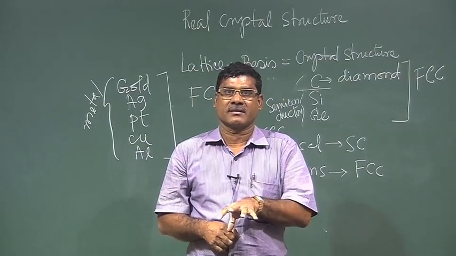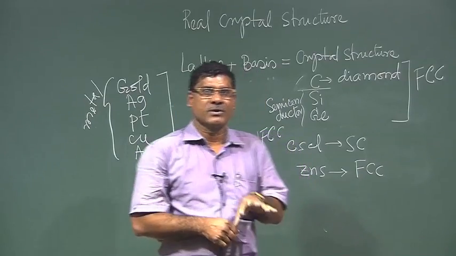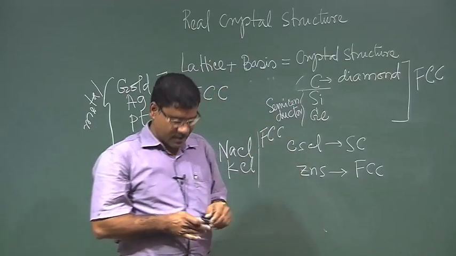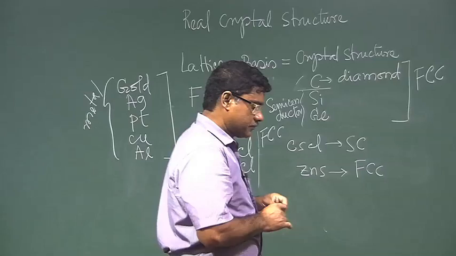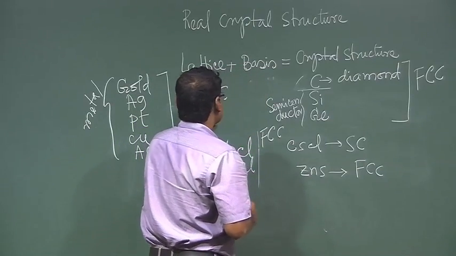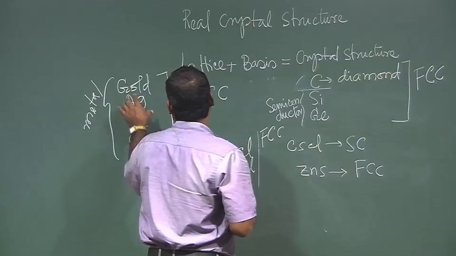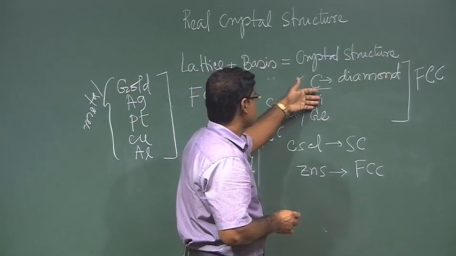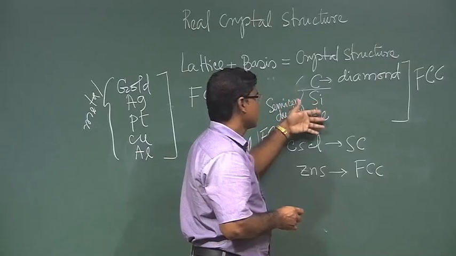That is the important factor which decides the properties of the crystal. So, you see gold, silver, silicon, germanium.